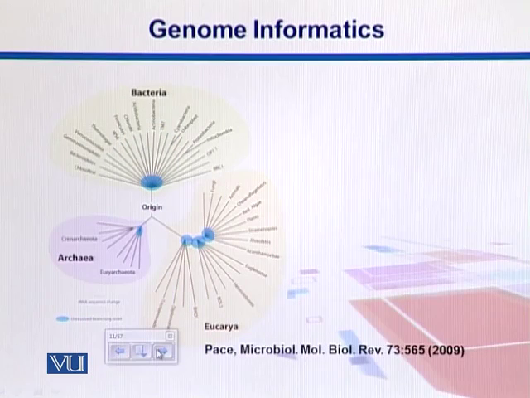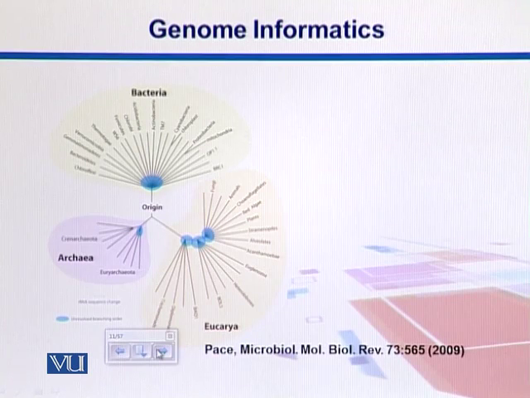Here in this diagram we see a universal tree of life that has been made with the help of the structures of the small ribosomal RNA unit. It divides all living organisms into three groups. We have bacteria at the top, we have archaea, and these are special organisms which live under harsh conditions. And then we have eukarya, which is obviously the biggest among all.